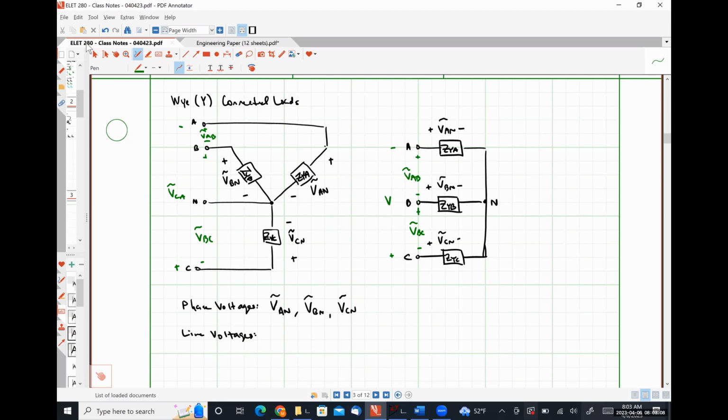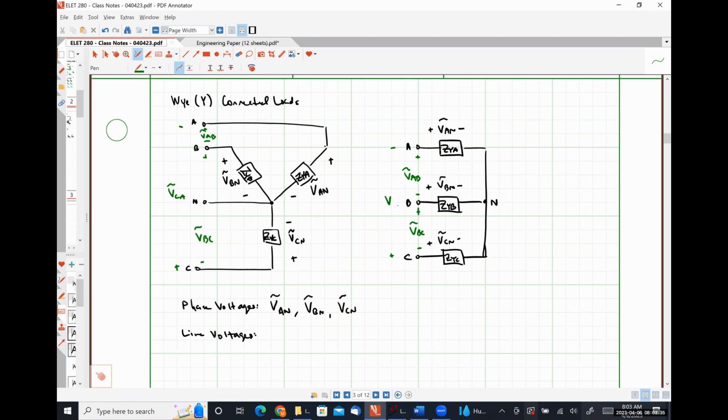And continue to talk about Y connected loads. So let me get to the appropriate point in my notes here really quick. It looks like this thing died when I was labeling my line voltages.